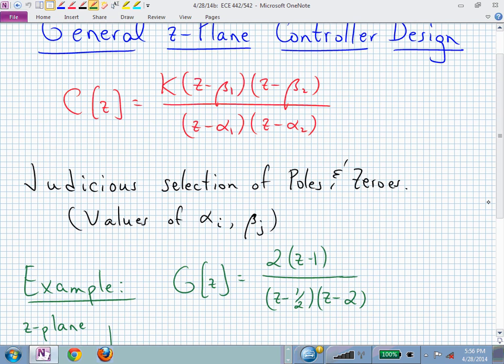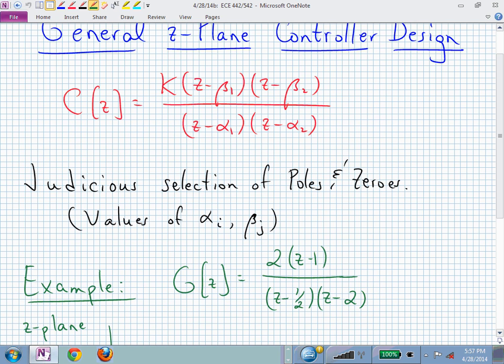What we want to do is select those alphas and betas judiciously. What's going to help guide us in that process is our understanding of the root locus. What happens when we sprinkle poles and zeros onto the complex Z-plane?